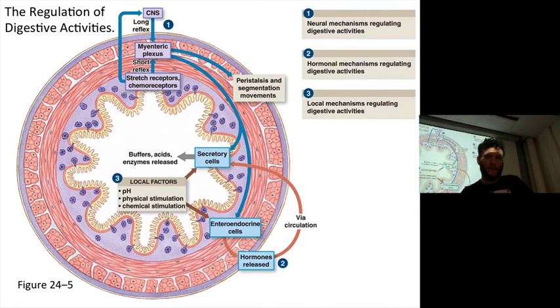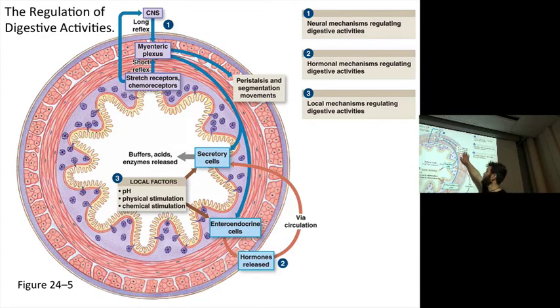All right. So there's going to be various stretch receptors, chemoreceptors somewhere in the digestive tract. There is going to be some sort of afferent signal sent to the central nervous system, and then that's going to send some efferent output along the vagus that will help stimulate the myenteric plexus.